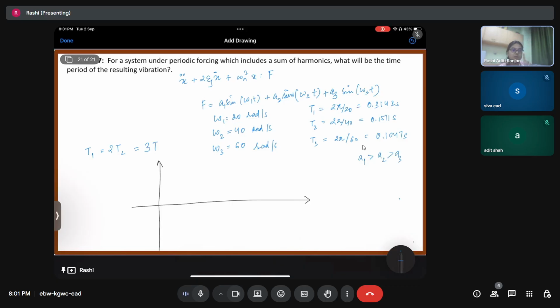When T1 completes one cycle, T2 completes two cycles, and T3 completes three cycles, something like this.